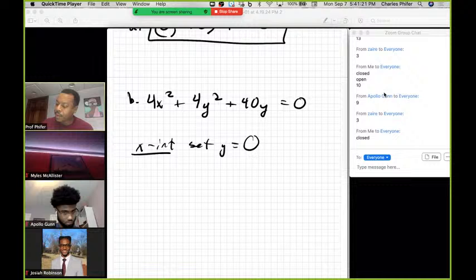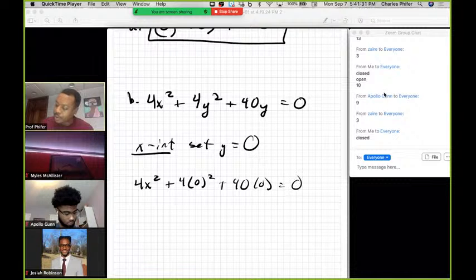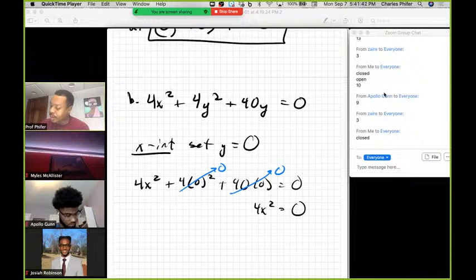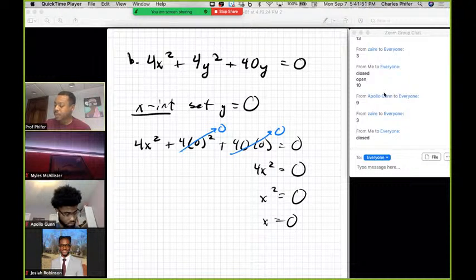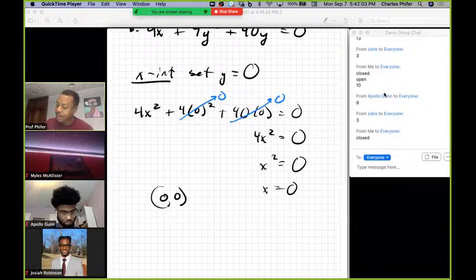If we set y equal to 0, we're going to have 4x squared plus 4 times 0 squared plus 40 times 0 equals 0. Notice this is gone, this is gone. We keep going. We get 4x squared equals 0. Divide, we get x squared equals 0. Square root, x equals 0. So that means the origin should be at least one of the x and y intercepts. It might just touch it once, right? So we got the x-intercept as the origin. All right, let's do the y-intercept. Maybe we have two y-intercepts.